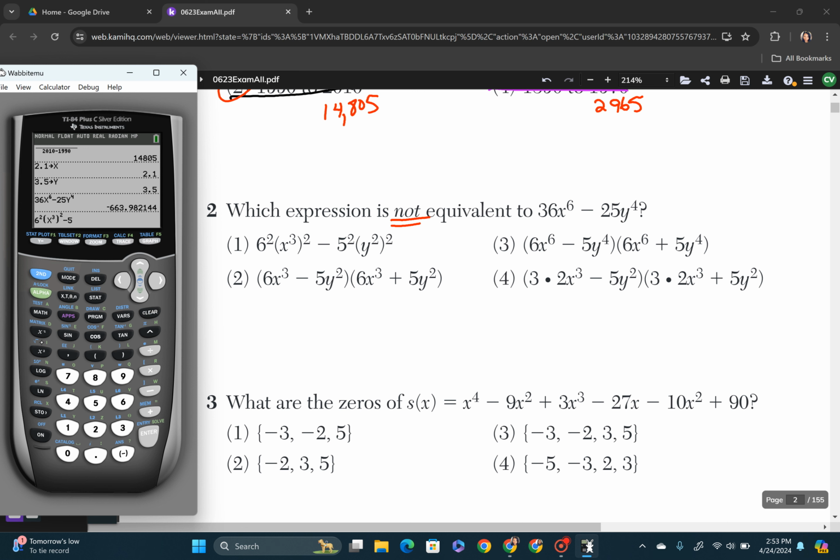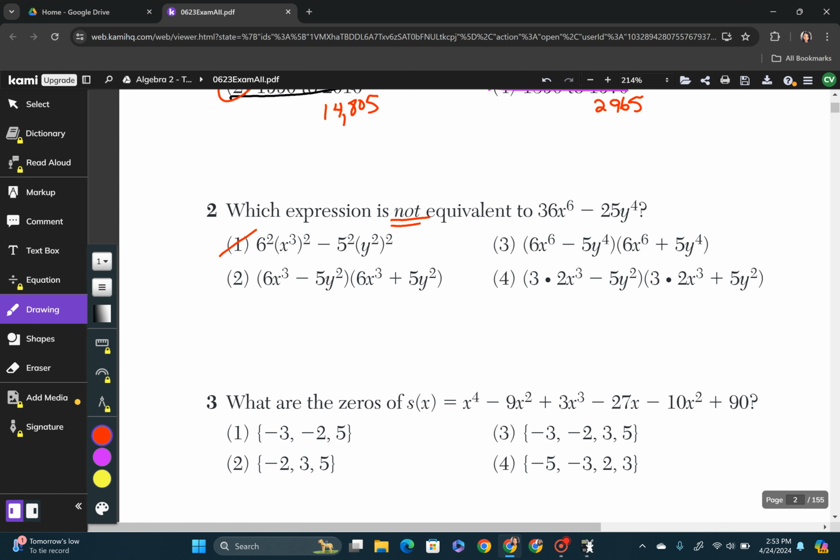And again, please type this in correctly. Parentheses alpha 1, that gets squared as well. And then we close parentheses and we square that. All right, and we're going to hit enter. And that does give us the same thing. So that crosses out. You're going to do the same thing for each of them. And you're going to see that 3 is the one that is different.